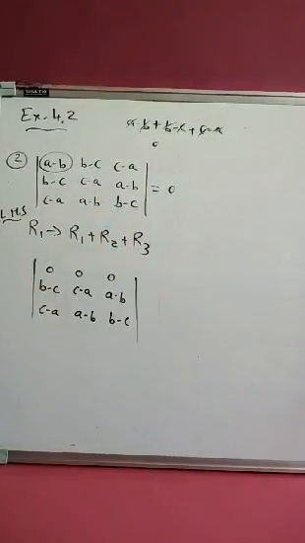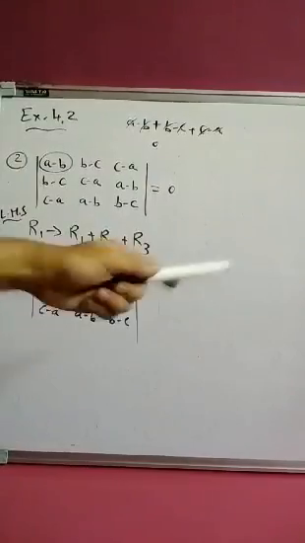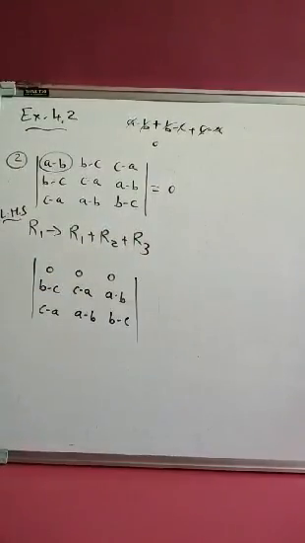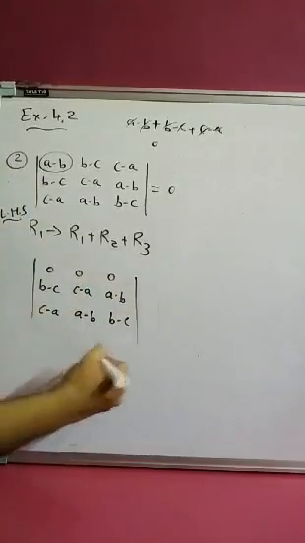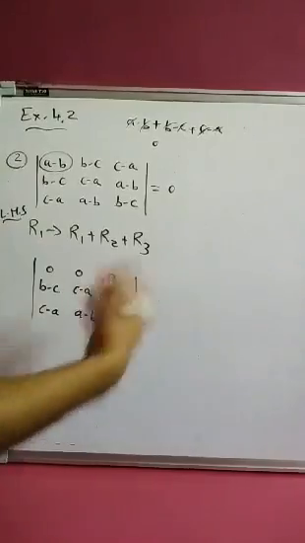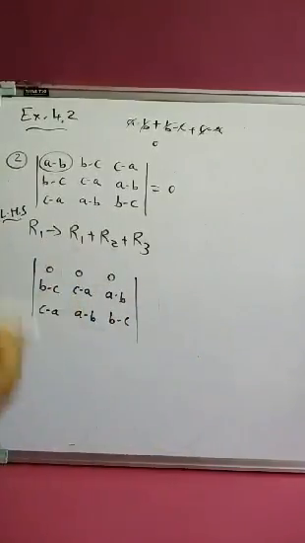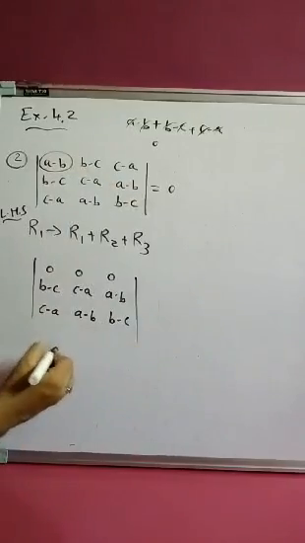So we get 0, 0, 0. If one row is 0 and you expand, then 0 times something plus or minus 0 times something plus 0. Zero multiplied with anything gives 0 only.